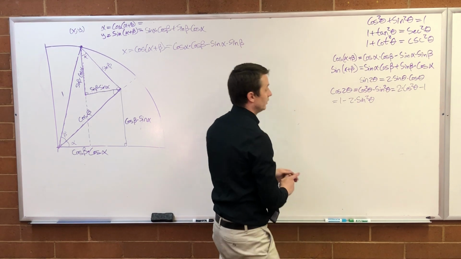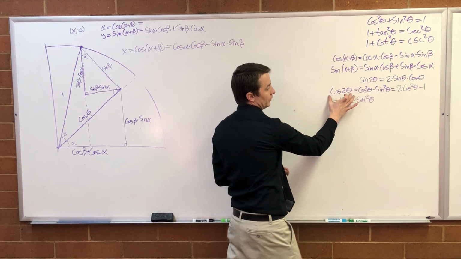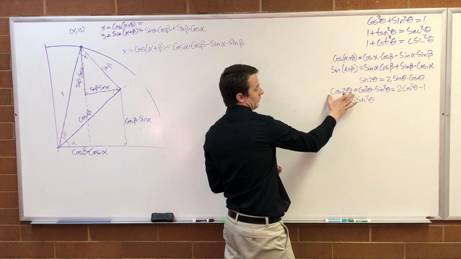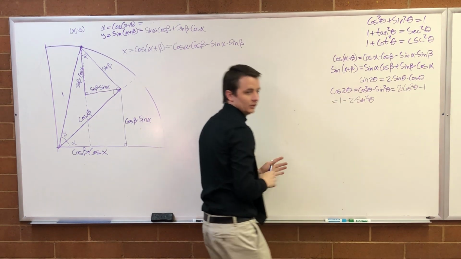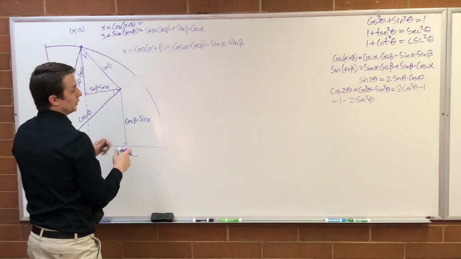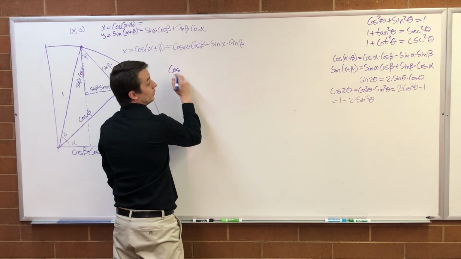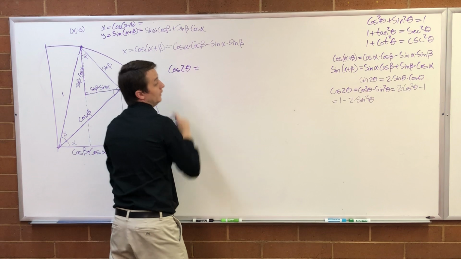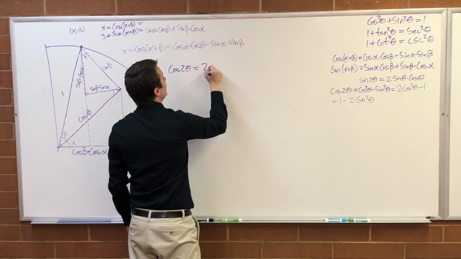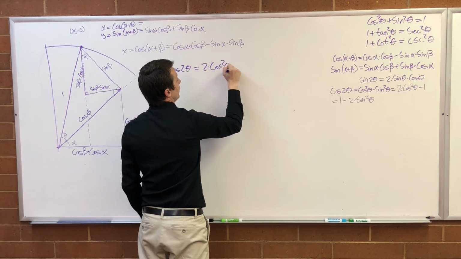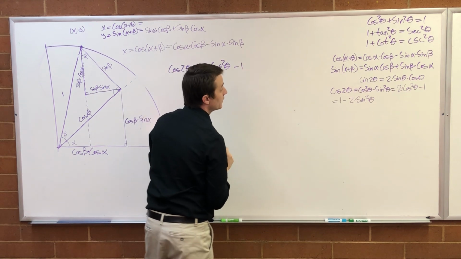Half angle identities. For the first one we're going to use the fact that cosine of 2 theta is equal to this. On the next one we're going to use the fact that cosine of 2 theta is equal to this. It doesn't matter which one we do first; we'll just do whichever comes first. So cosine of 2 theta is equal to 2 times cosine squared of theta minus 1.